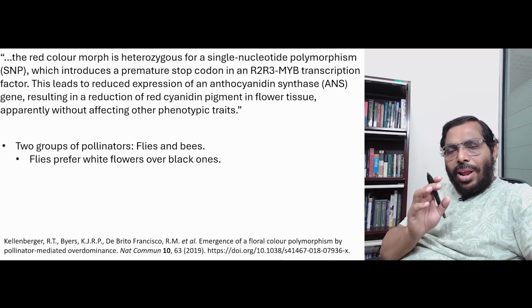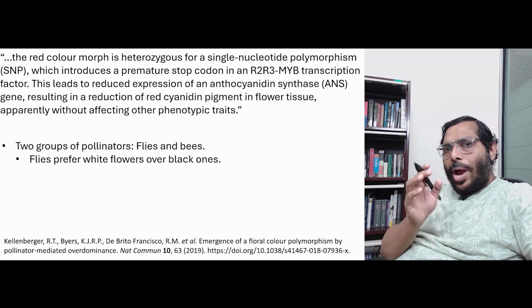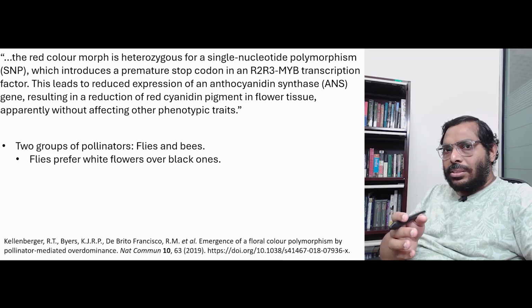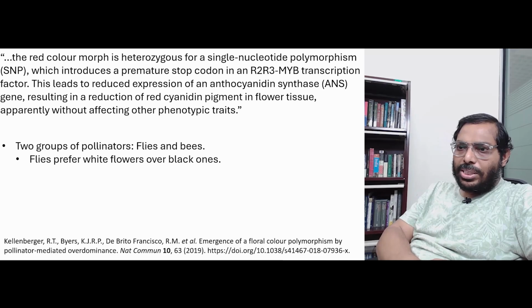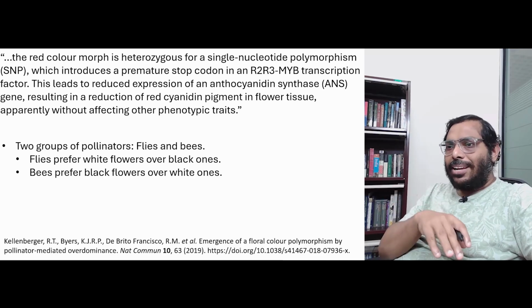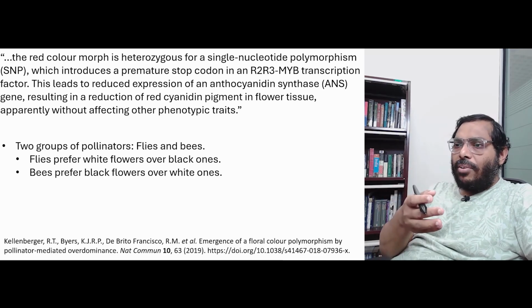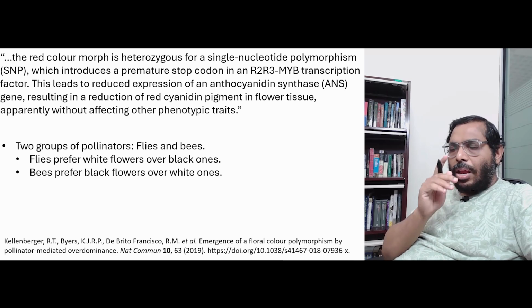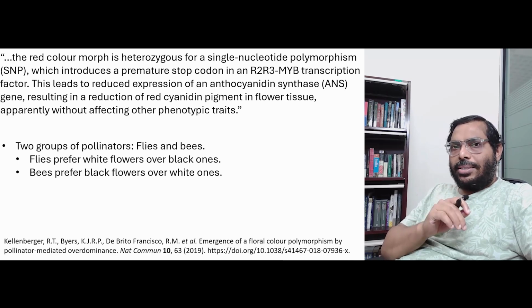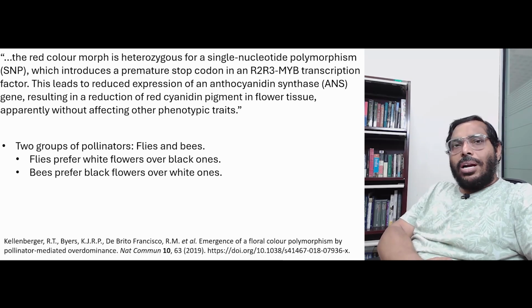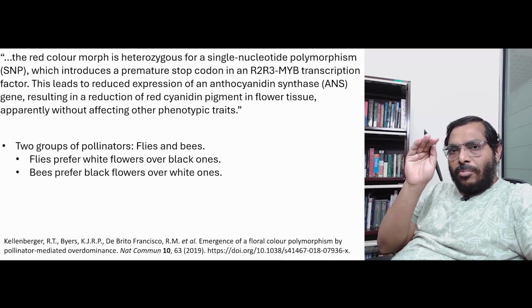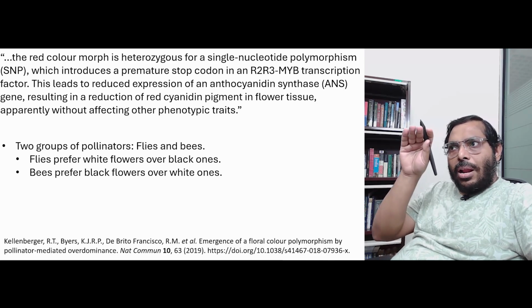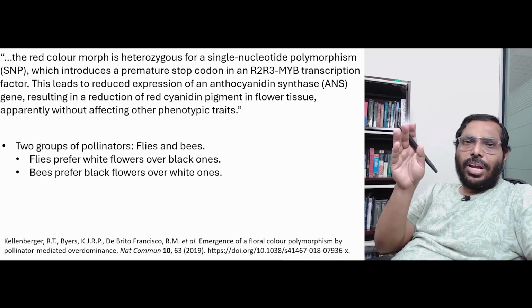The flies prefer the white flowers over the black ones, so that basically means they go more to the white flowers than to the black flowers. The bees do exactly the opposite, they prefer the black flowers over the white ones. Now, what about the reds? What about the heterozygotes? Turns out that in both cases, both pollinators have intermediate preference for the heterozygotes.